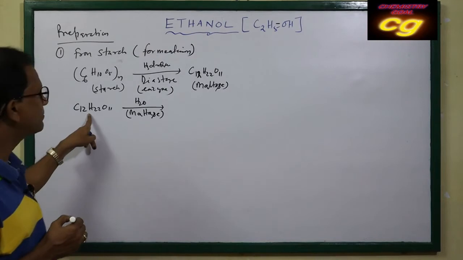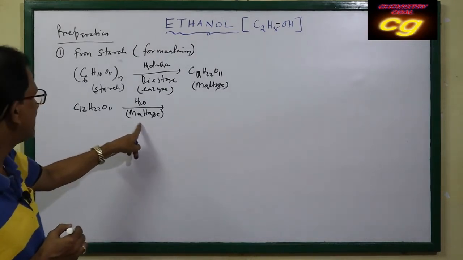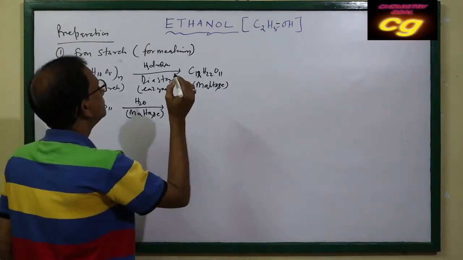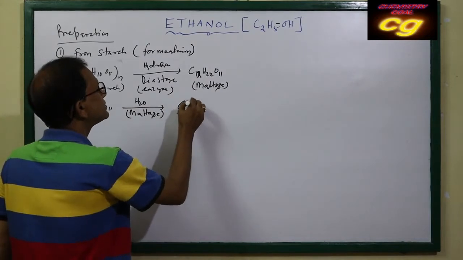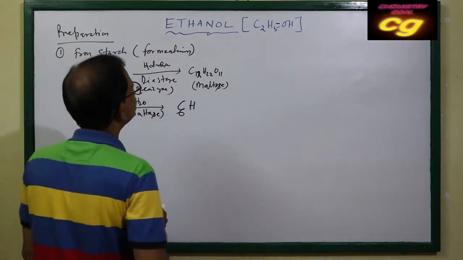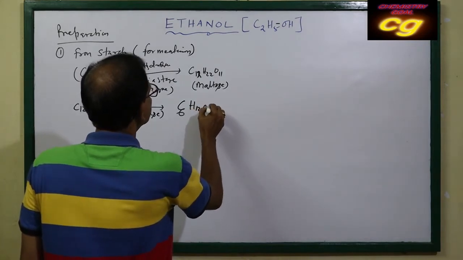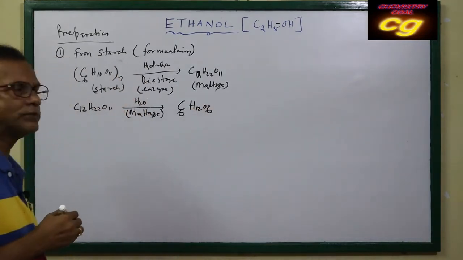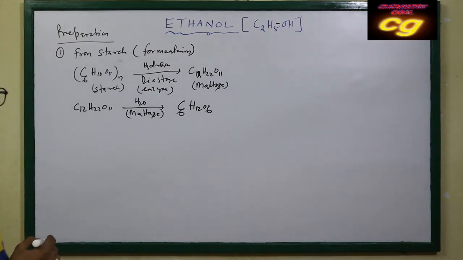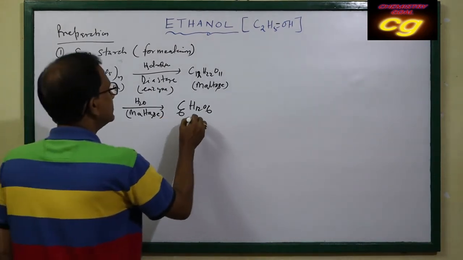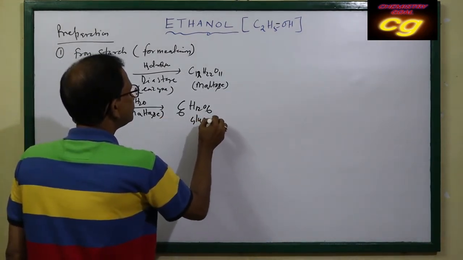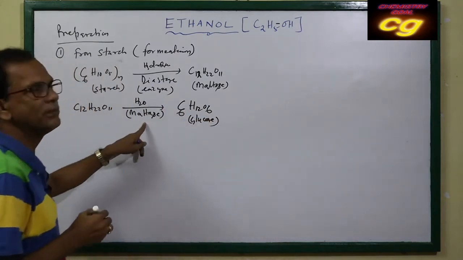So this maltose hydrolyzes to glucose, C6H12O6. This is your glucose, by the enzyme maltase.